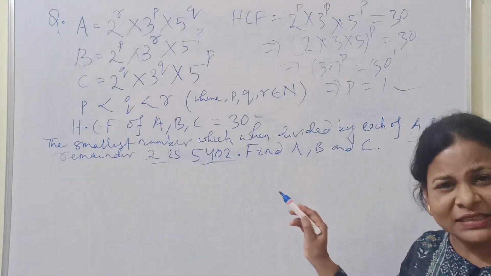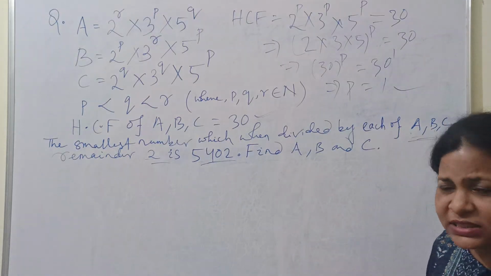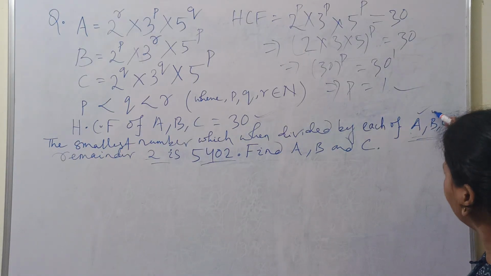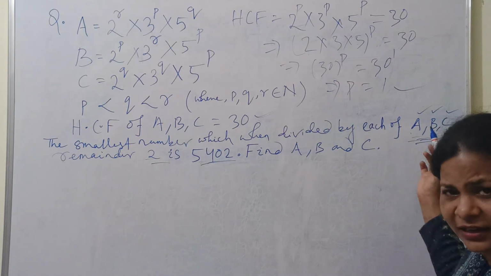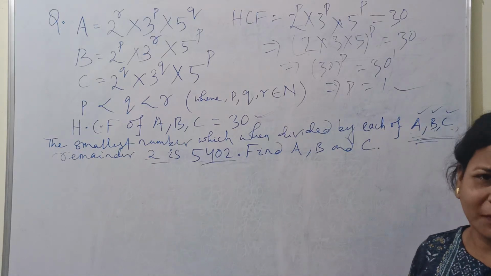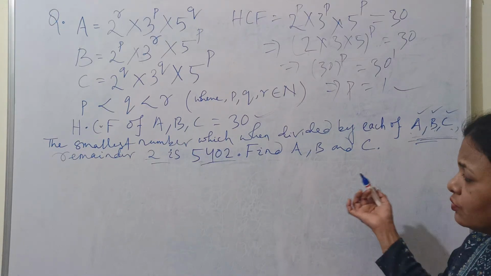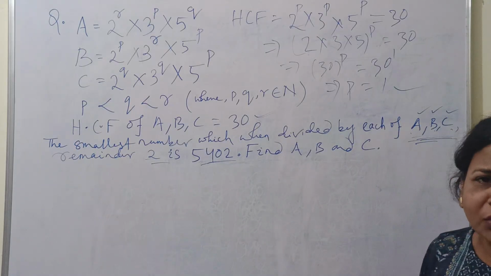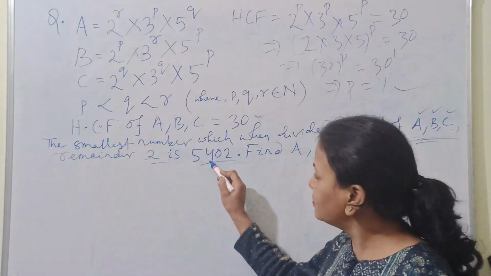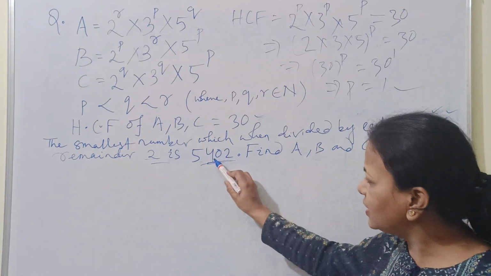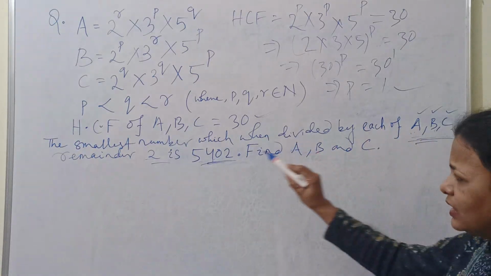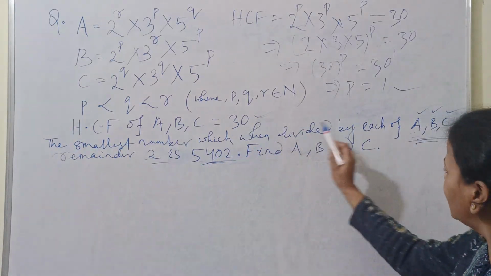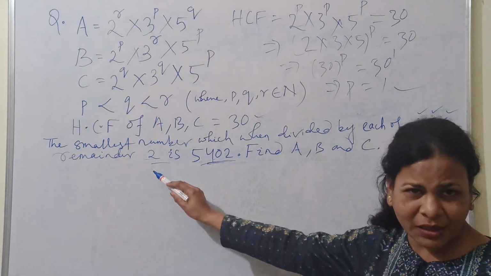The LCM of the numbers A, B and C is completely divisible by them. So we have to find the LCM of these three numbers. So what is the LCM? Because from this we can easily understand that when this number is divided by A, it gives remainder 2, and when divided by B, it will leave remainder 2.